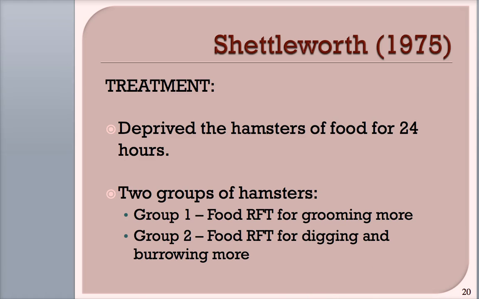They're deprived and they're hungry, and she's presenting food. The other group, group 2, is also given food reinforcement, but they are given food for digging and burrowing and exploring more than baseline. So these are at levels higher than baseline. She wants group 1 to groom at rates higher than baseline, and group 2 to do digging and burrowing more than they did at baseline.